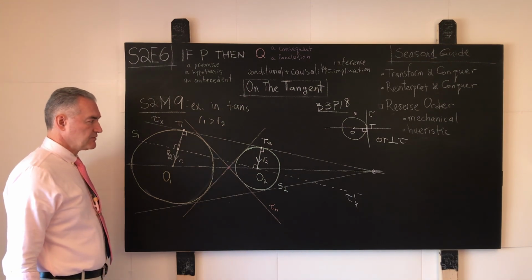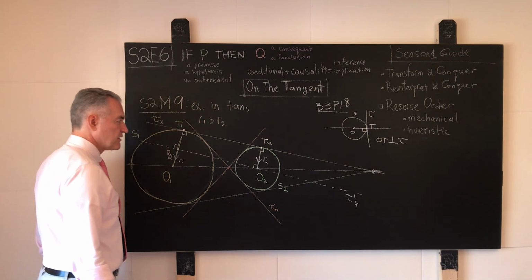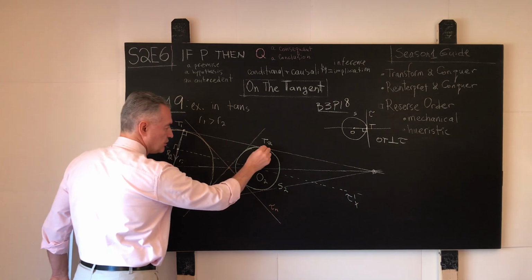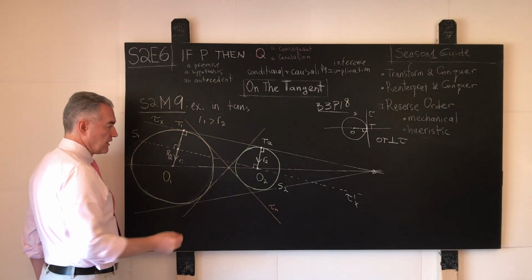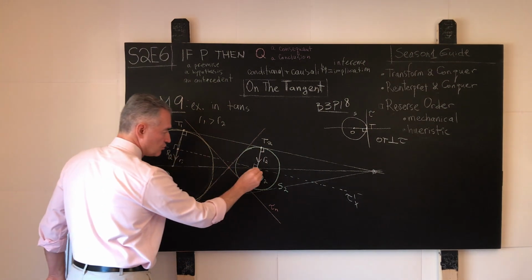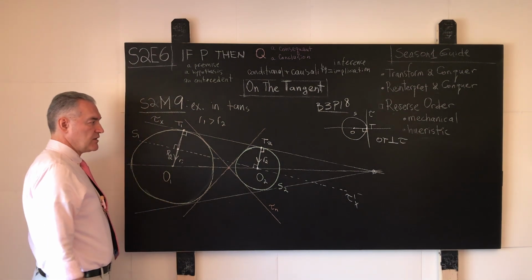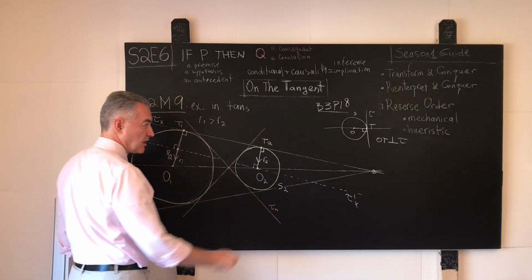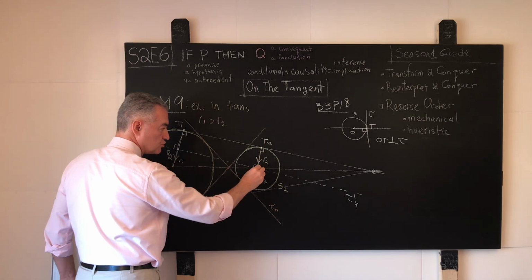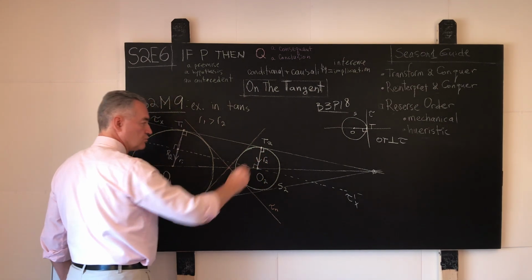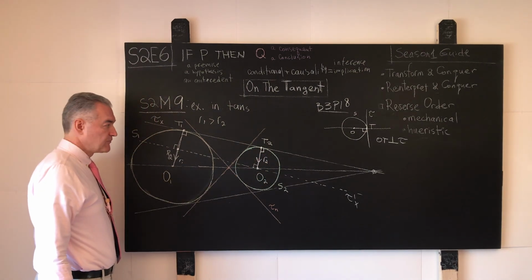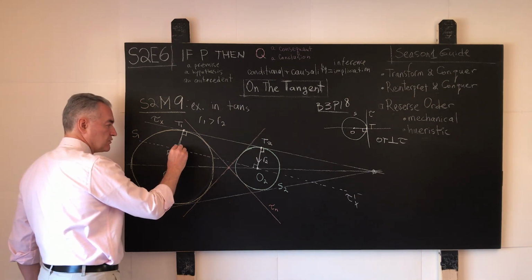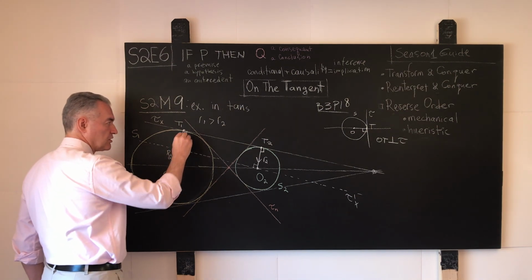And what does that mean? That means that the length of the line segment T1T2 will be equal to the length of the line segment R2O2. And that also means that the length of the line segment T2O2 must be equal in length to the length of the line segment R2T2.